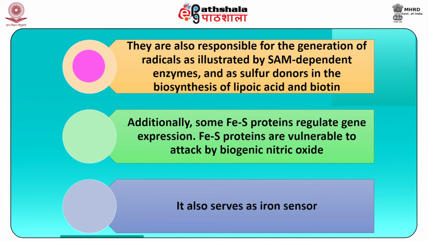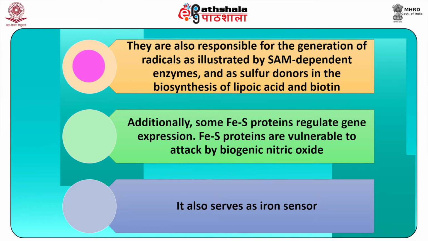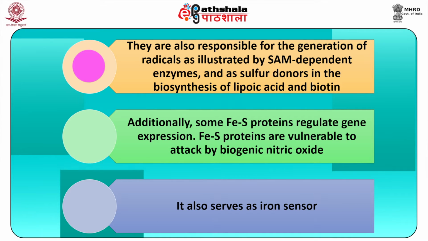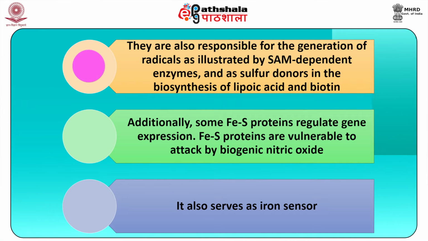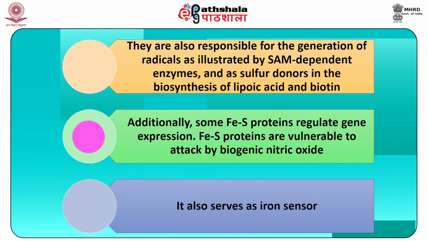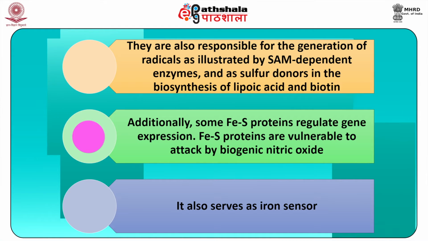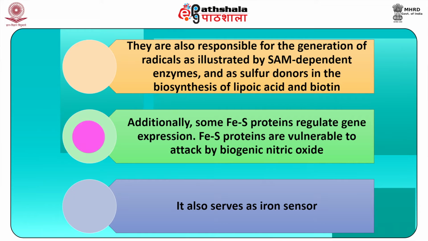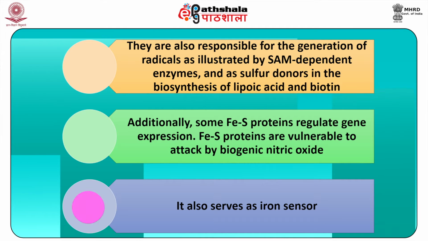They are also responsible for the generation of radicals as illustrated by SAM-dependent enzymes and as sulfur donors in the biosynthesis of lipoic acid and biotin. Additionally, some iron-sulfur proteins regulate gene expression. Iron-sulfur proteins are vulnerable to attack by biogenic nitric oxide. It also serves as iron sensors.